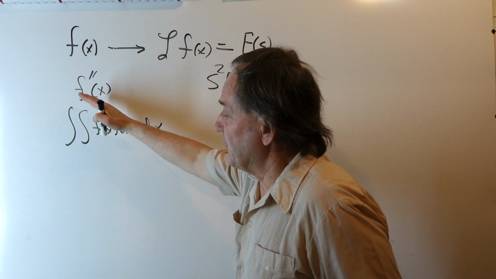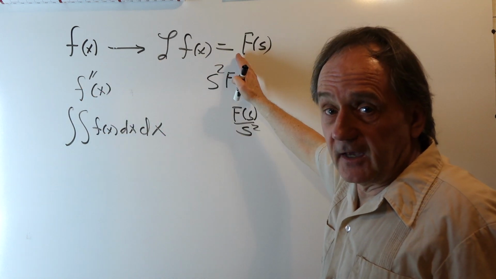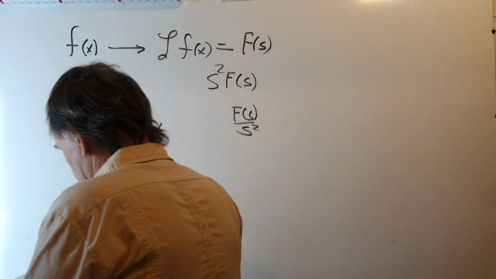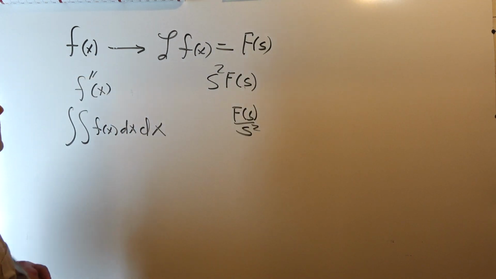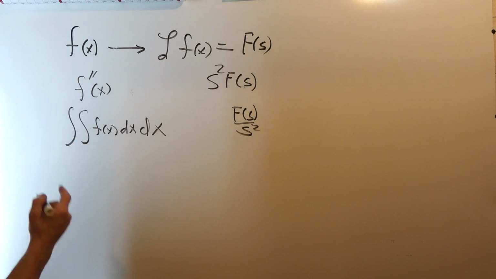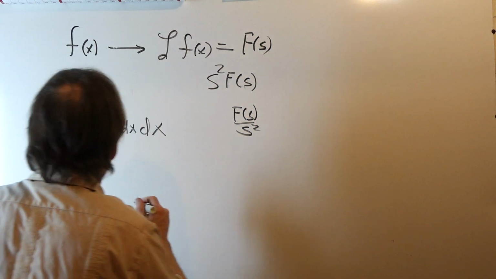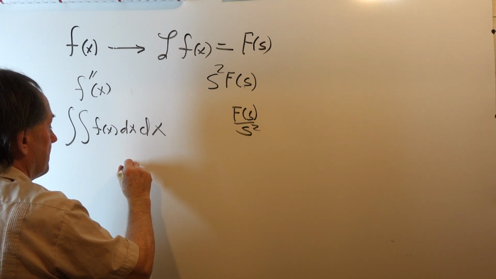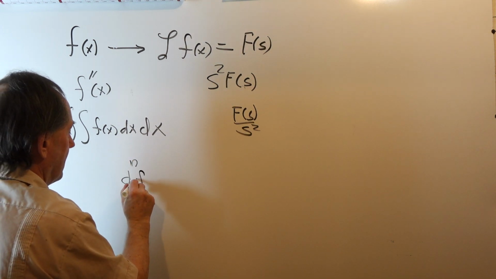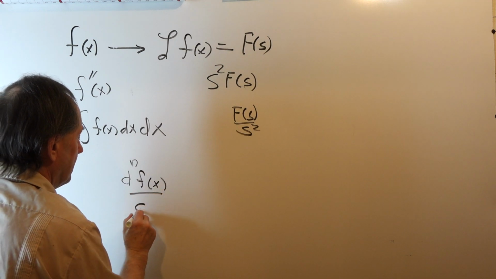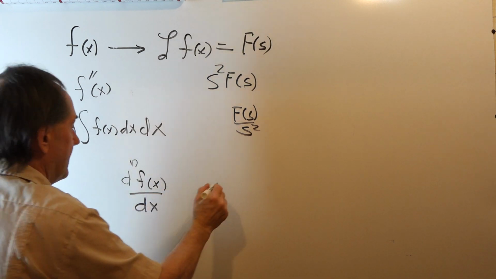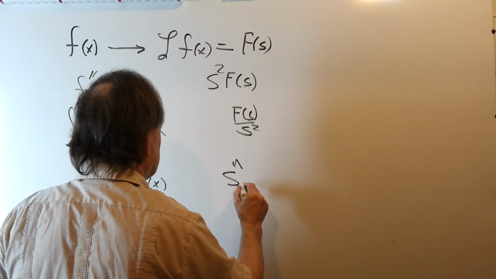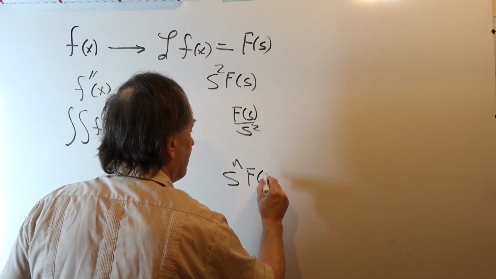It takes differentiation into multiplication and integration into division. So in the Laplace domain, it makes sense then, since we want to take the nth derivative of f of x, this becomes multiplication by s to the n on the transform function.